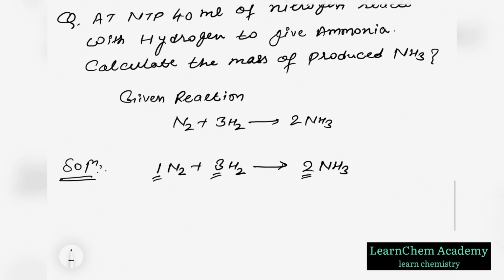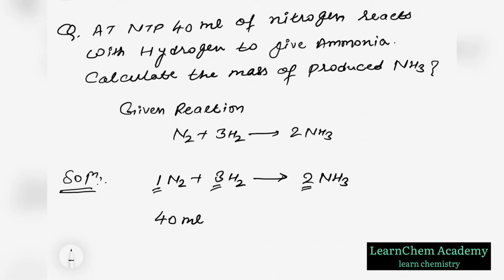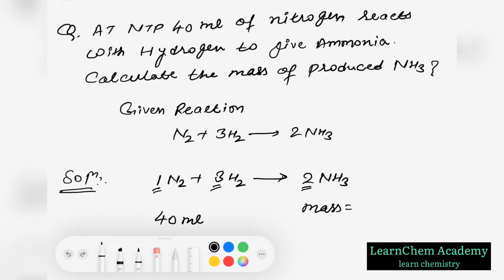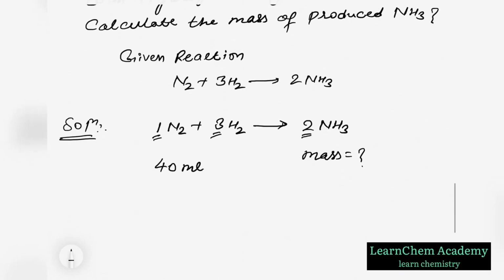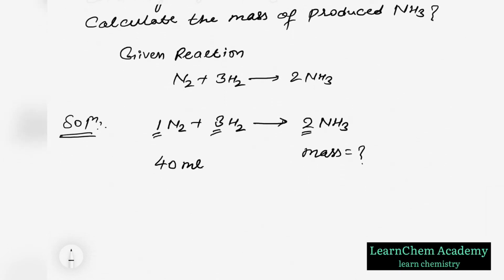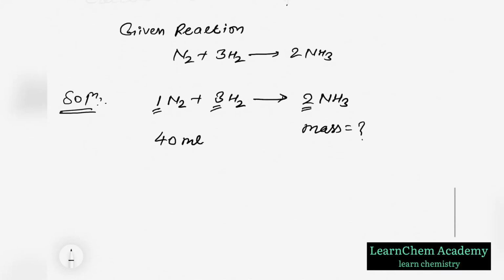The question is given 40 ml of nitrogen which reacts with hydrogen. So hydrogen is present in excess amount here, and we have to calculate the mass of ammonia produced.